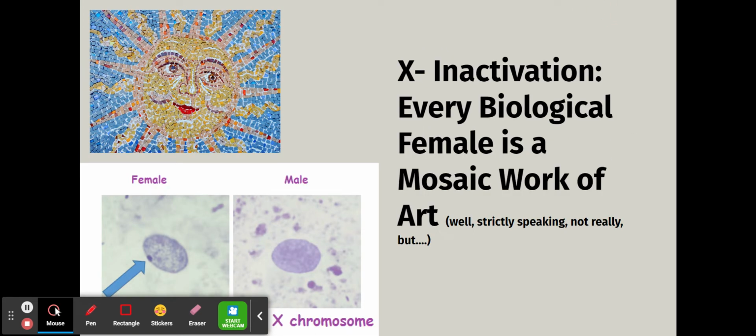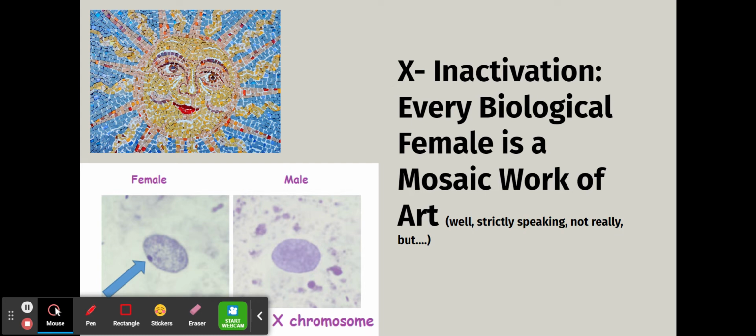One of our last topics is X inactivation. Every biological female is sort of a mosaic. Not really. So if you remember our discussion of mosaicism, what you have in early embryonic development is a mistake in the duplication and reproduction of those chromosomes. When those chromosomes are dividing, maybe we get an extra chromosome, and so we have a mosaic trisomy.